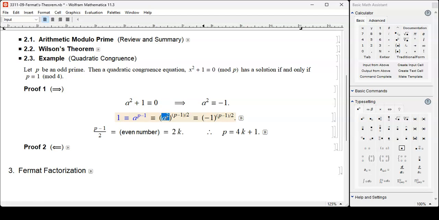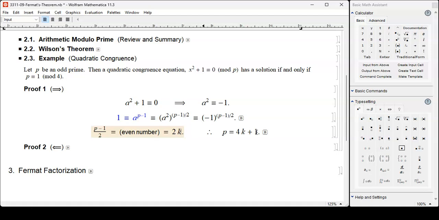And then a squared is -1, so we get -1 to this p minus 1 over 2 power. All right, so 1 is -1 to some power. This had better be an even power. Otherwise, we're going to get -1, right? So that has to be 2k, and that's it.